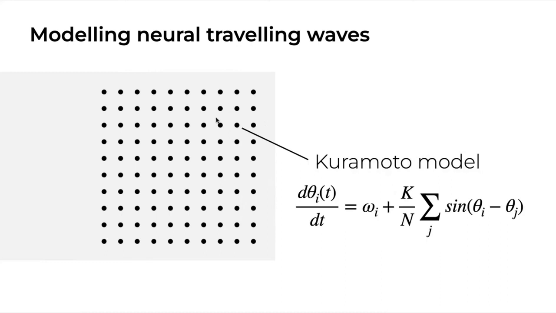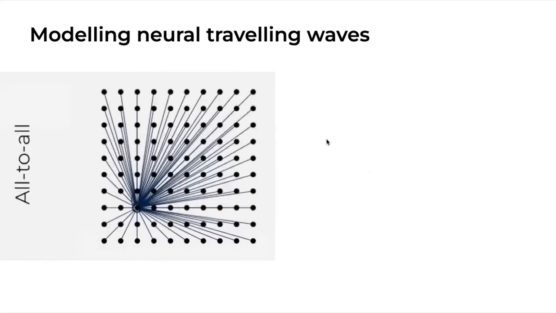So each of these black circles is a Kuramoto oscillator. And we want to connect them first with all-to-all connectivity, which is illustrated here for one region that connects to all the others. And just imagine that all the others also connect in turn to the rest of this two-dimensional sheet.